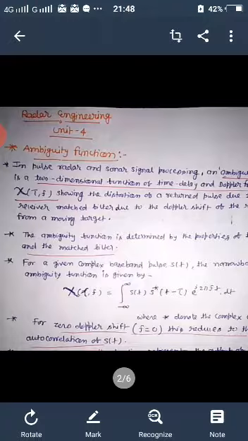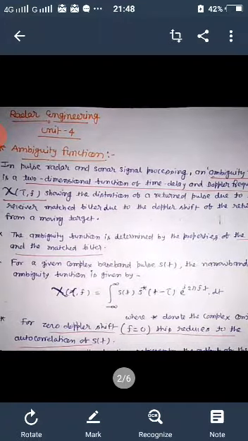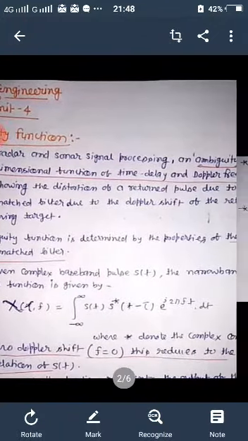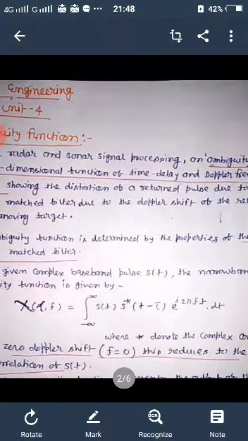For zero Doppler shift, that is, if the Doppler frequency f equals 0, this reduces to the autocorrelation of s(t). You can see in this equation, if f equals 0, e to the power 0 is 1, then you have the integration from minus infinity to infinity of s(t) s*(t minus tau), which is the expression of autocorrelation.